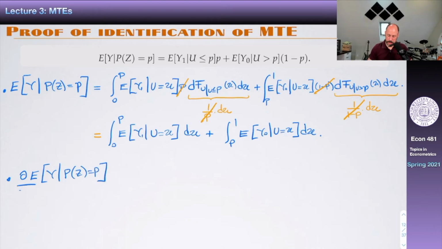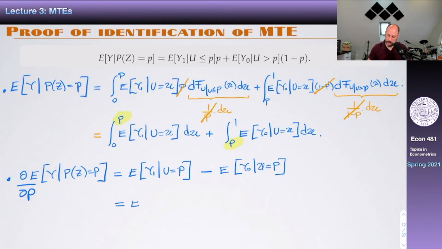with respect to P. Well, P only shows up in two places. Here and here. So applying the formula, the derivative is just the function you're integrating at that point. In this case, P is at the bottom, so it's minus the function you're integrating at that point.